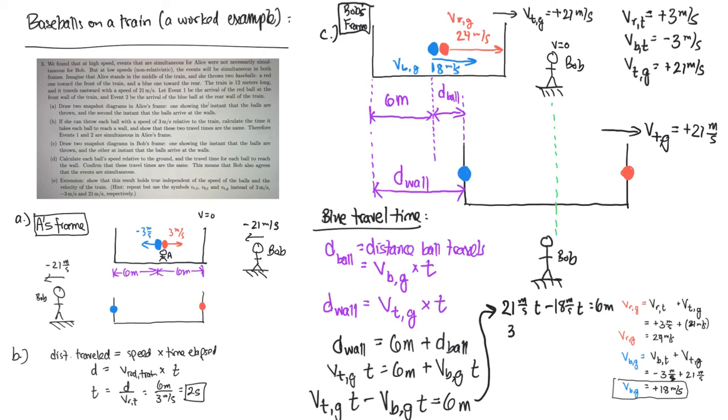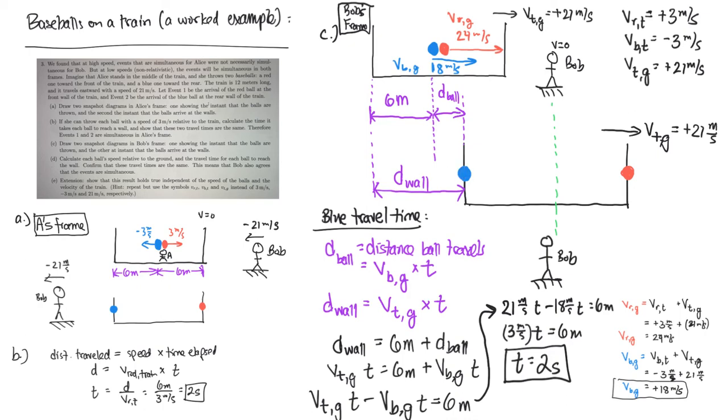So we have 3 meters per second times t is equal to 6 meters, or t is equal to 2 seconds. This is exactly the same number that we found in Alice's frame. So whether you're on the train or standing on the ground, you would agree that it takes 2 seconds for the blue ball to reach the wall.